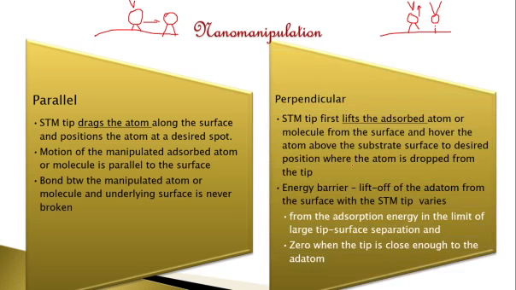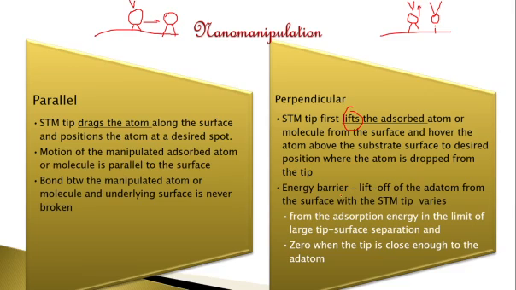In the perpendicular method, the tip will first lift the adsorbed atom or the molecule from the surface and hover the atom above the substrate surface, like a crane moving some luggage, to a desired position where the atom is dropped from the tip.